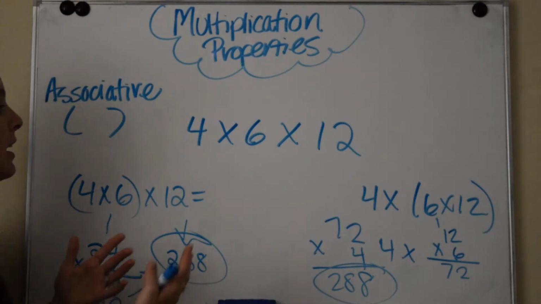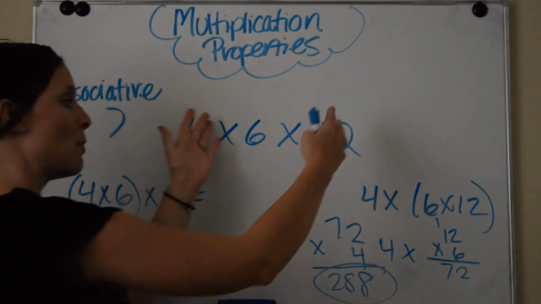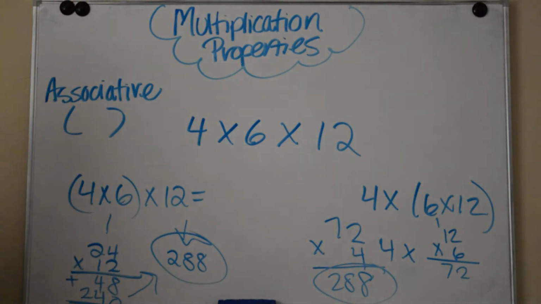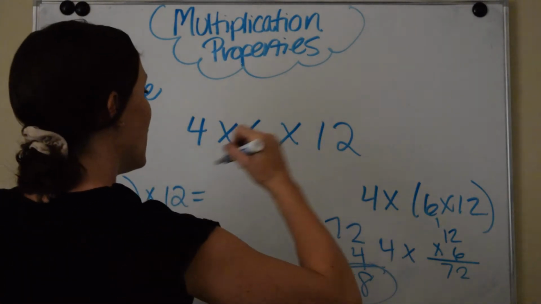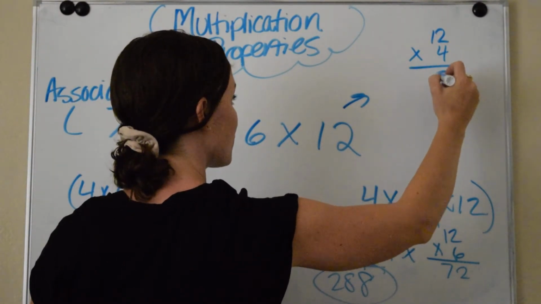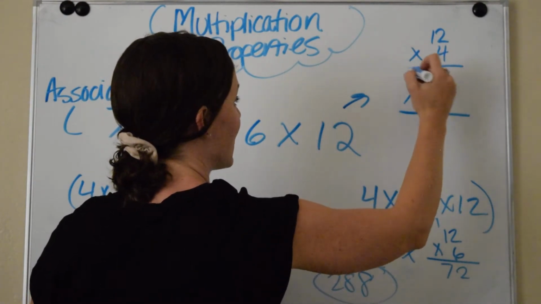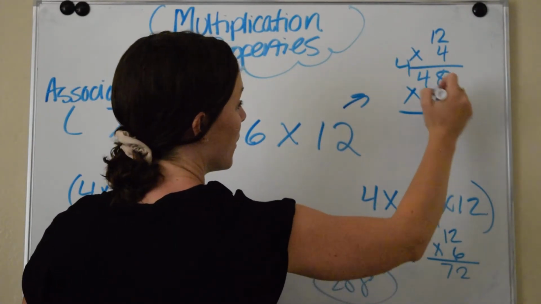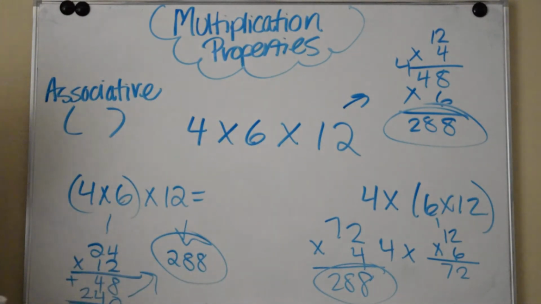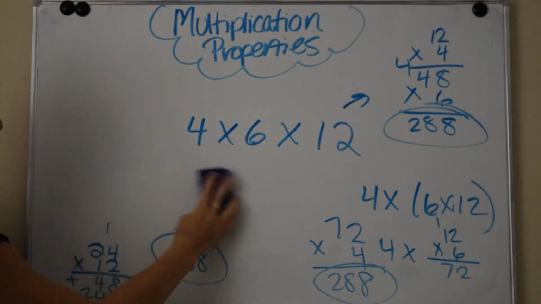Keep that in mind, because you need to group 2 numbers and then show that you get the same answer by grouping 2 other numbers. I should still get the same answer if I grouped the 4 and the 12. Let's prove that real quick. What if I did 12 times 4 first, and then multiplied that times the 6? I should still get the same answer. And look at that, I do. So there's the associative property, all about grouping, showing that no matter what you group, you should still get the same answer when you multiply.